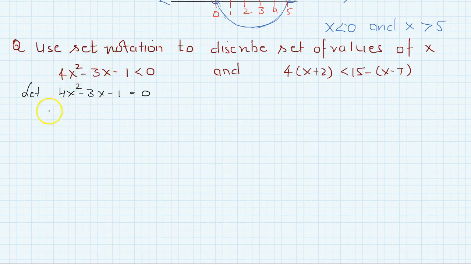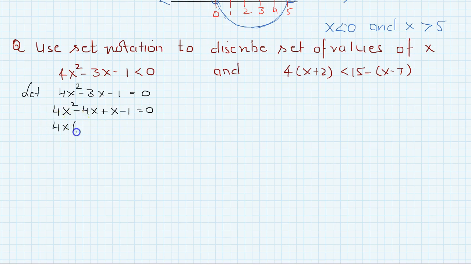We have to factorize it. So we can say 4x square, 4 times 1 is 4, minus 4x plus x minus 1 is equal to 0.